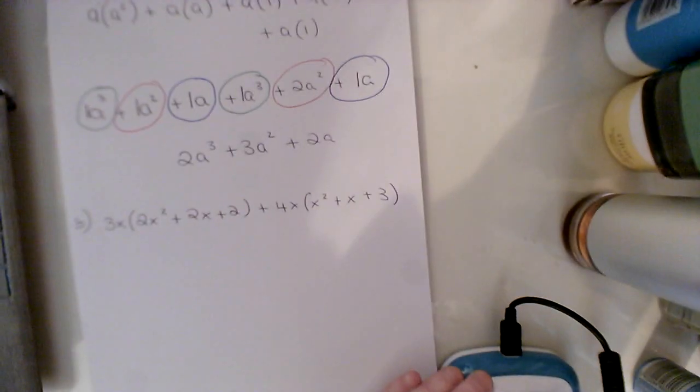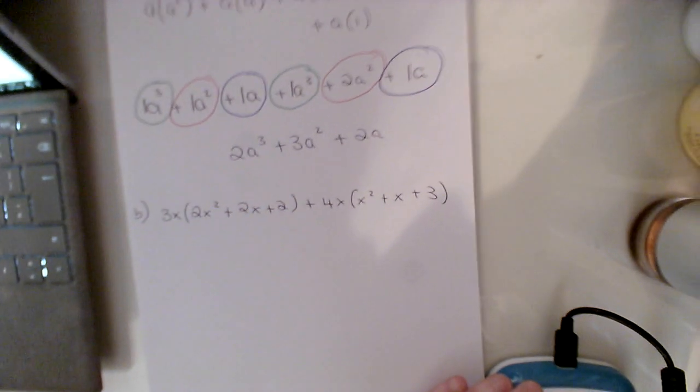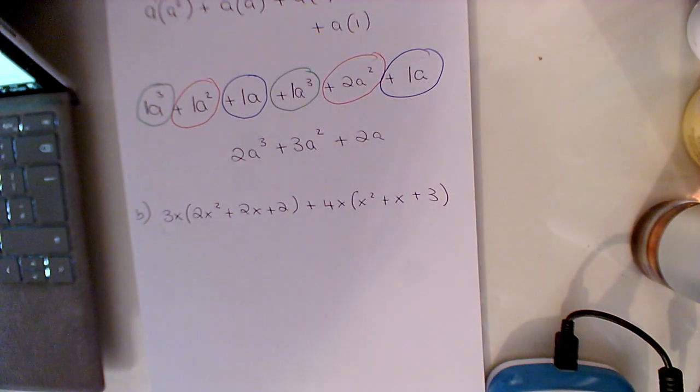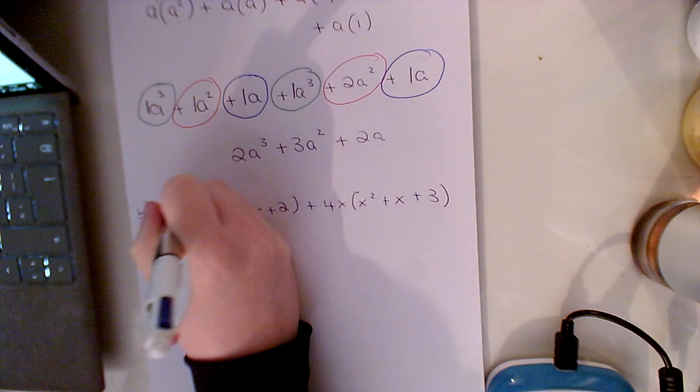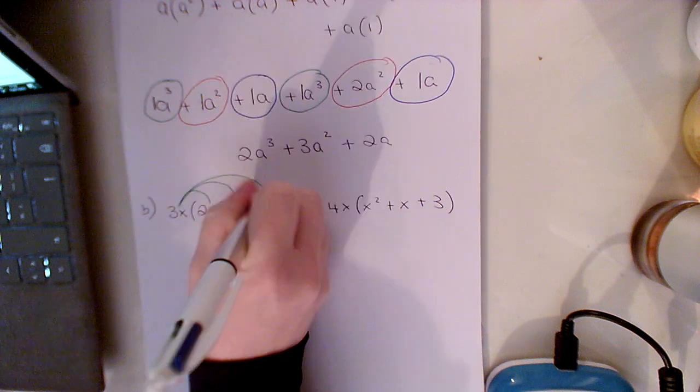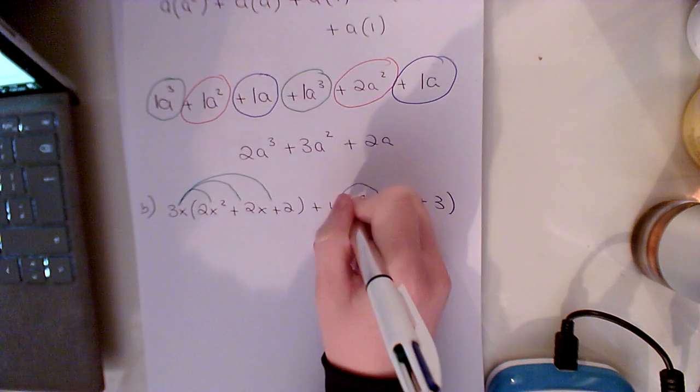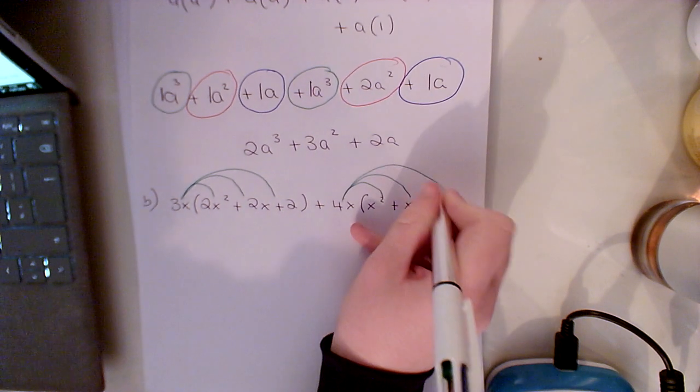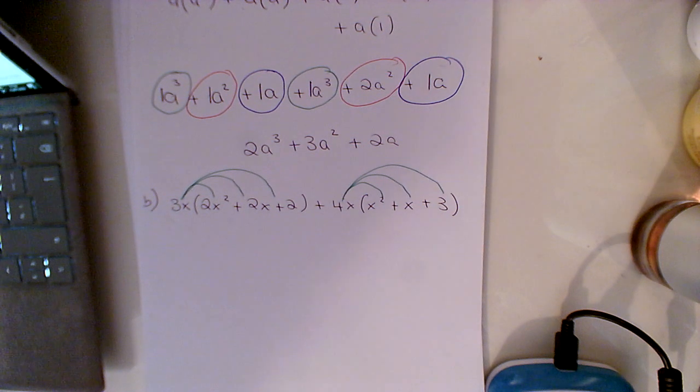The next one then that I have is question 3b. So I'm going to draw my arrows first of all. So it'll be this times this, this times this, and so on. Then I'm going to rewrite it.